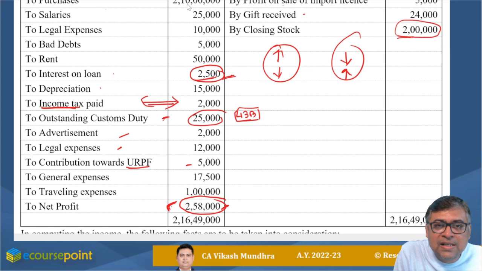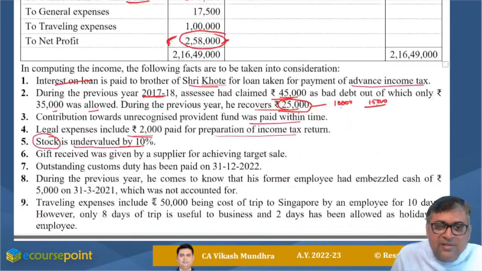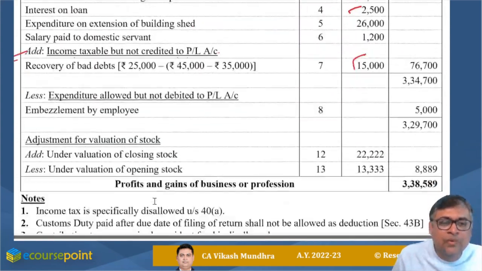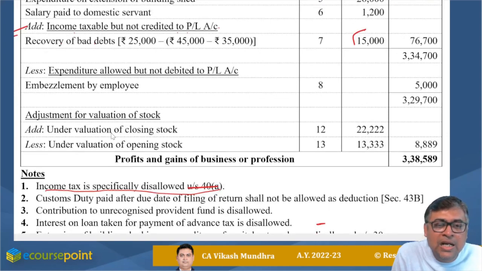This one results in more income, and this one results in less income. So I am adjusting suitably. So where is my adjustment? Undervaluation of closing stock will increase my income, and undervaluation of opening stock will decrease it.